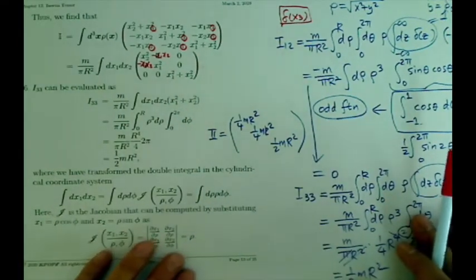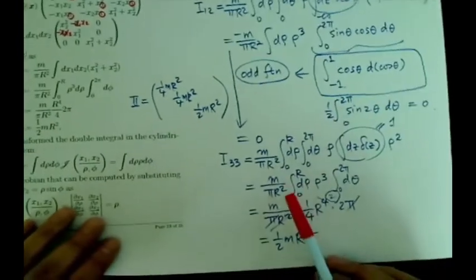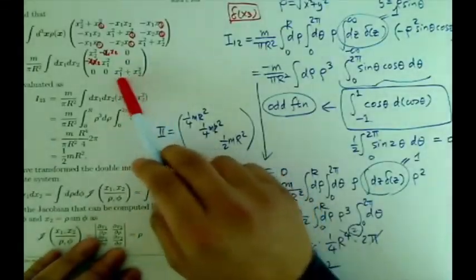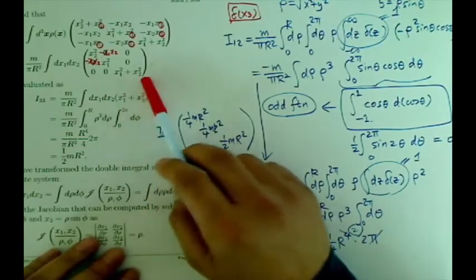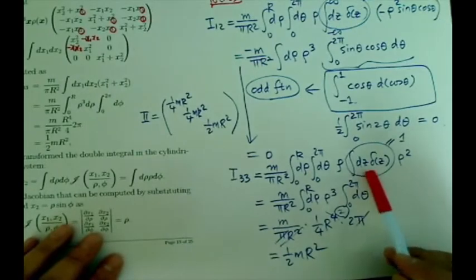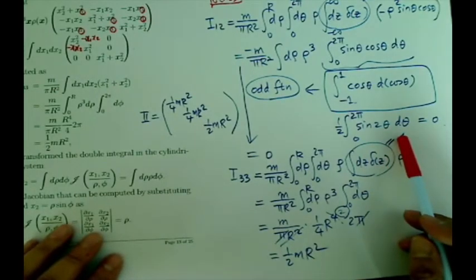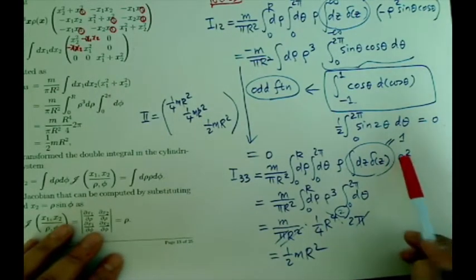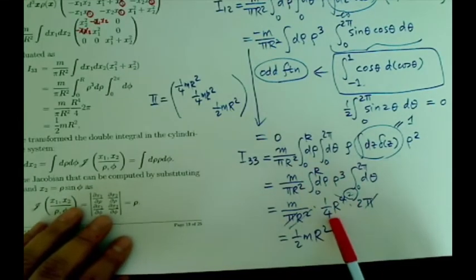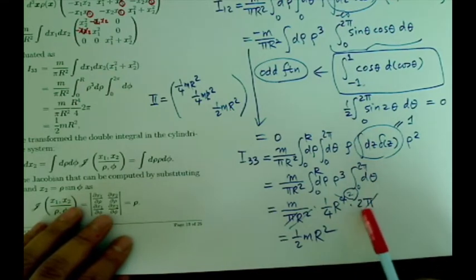So let us compute I33. I33 has the planar radius squared. Therefore, the calculation involves a z integral that is just 1. Rho squared will be combined in here to have a rho integral, giving 1/4 r to the 4th power. And the azimuthal angle is integrated over 2 pi.